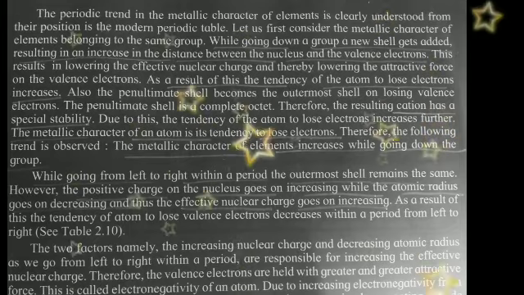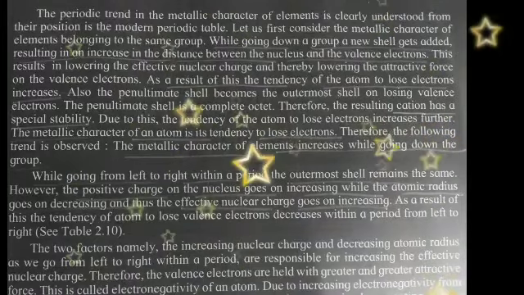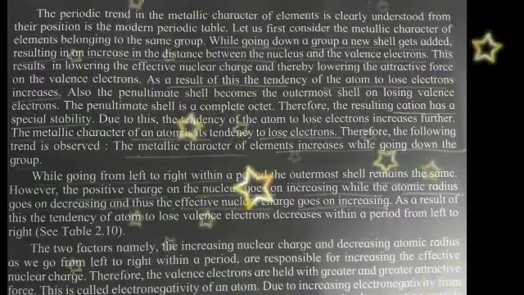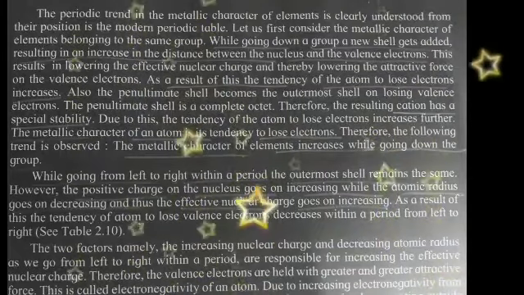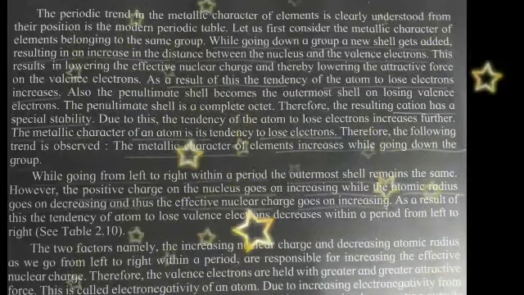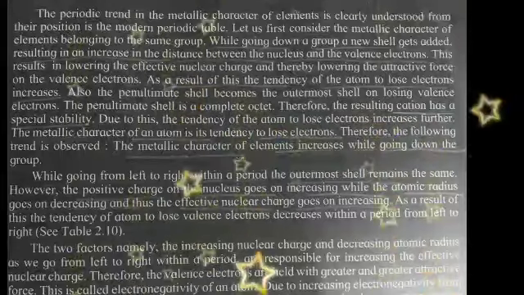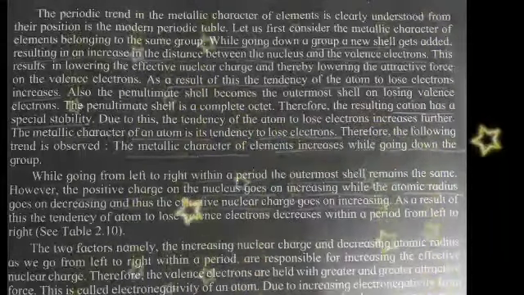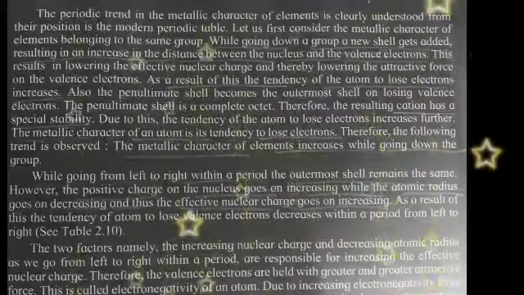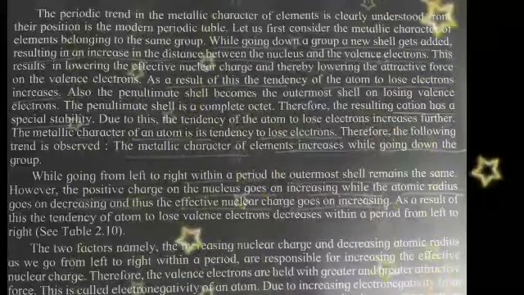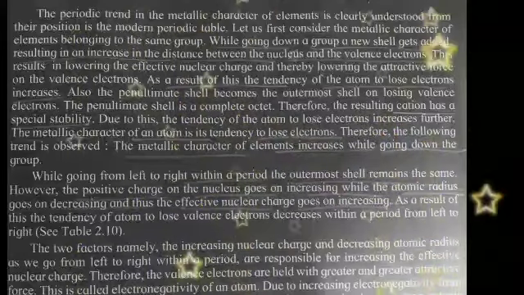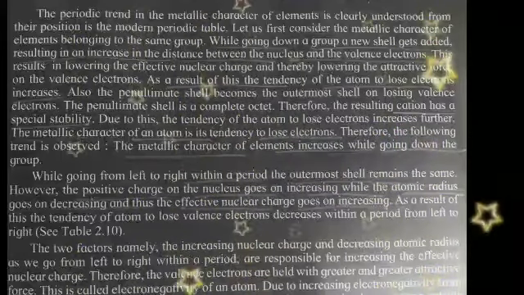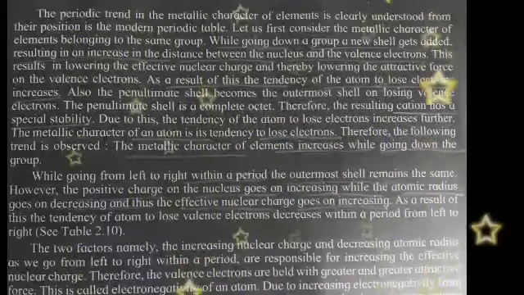Let us first consider the metallic character of elements belonging to the same group. While going down a group, a new shell gets added, resulting in an increase in the distance between the nucleus and the valence electrons. This results in lowering the effective nuclear charge and thereby lowering the attractive force on the valence electrons.